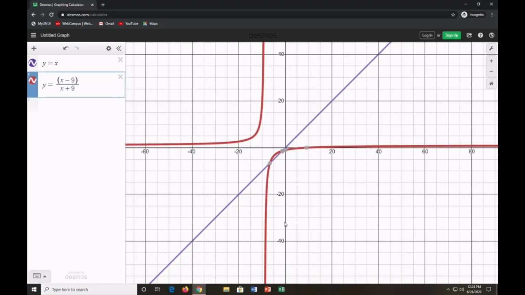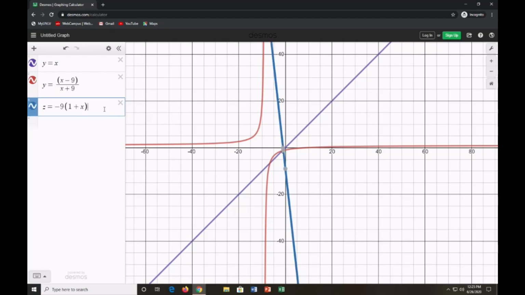Then we went ahead and found its inverse. The inverse that we found was minus 9 times (1 plus x) divided by (x minus 1).